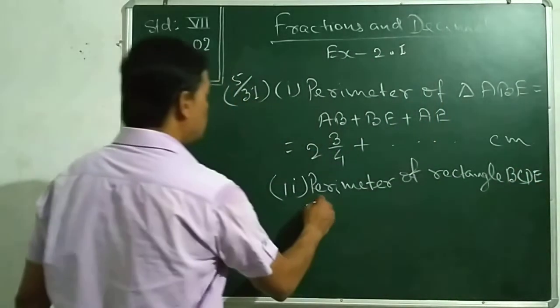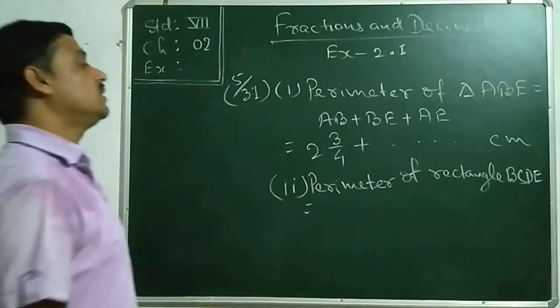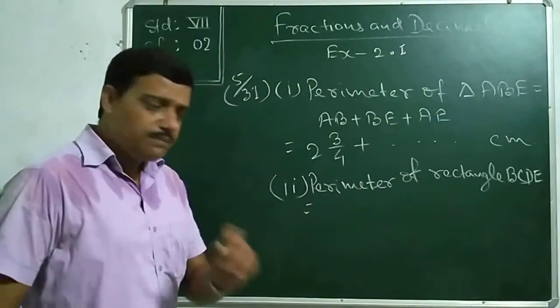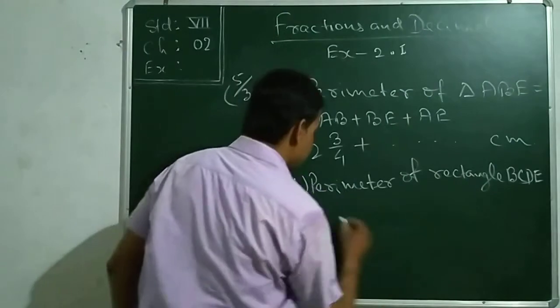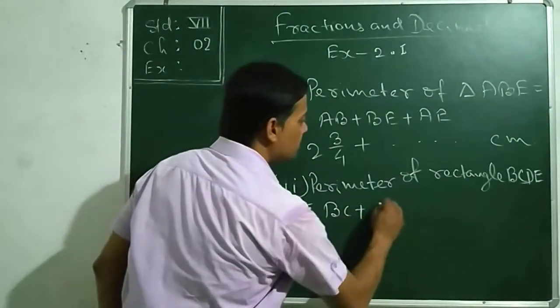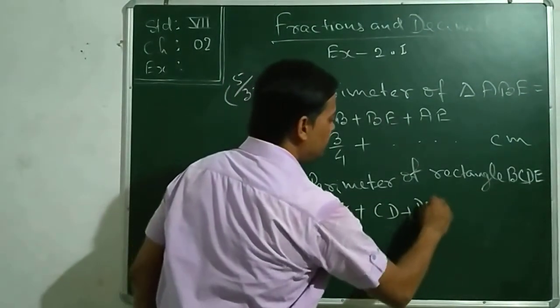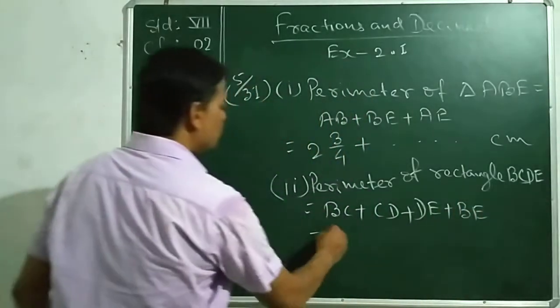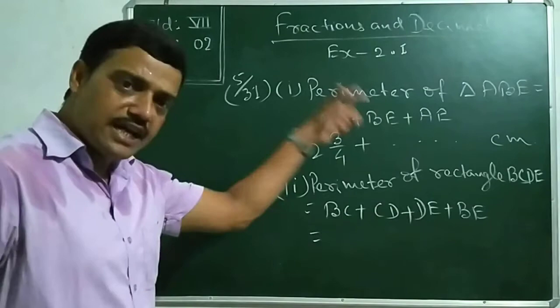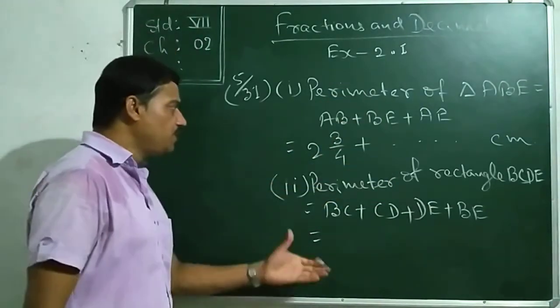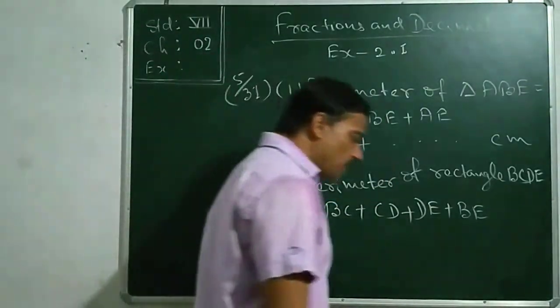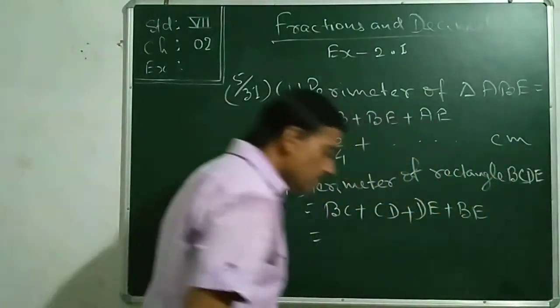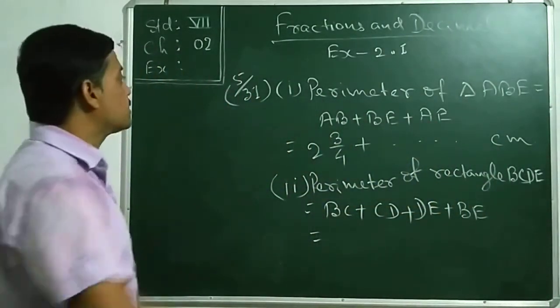That will be equal to BC plus CD plus DE plus BE. Put the values of all the sides, calculate them. Very simply you will get the required perimeter. Now come to the sixth number.